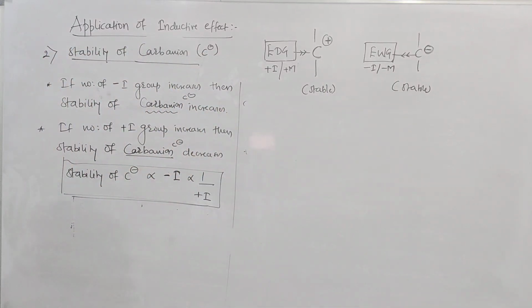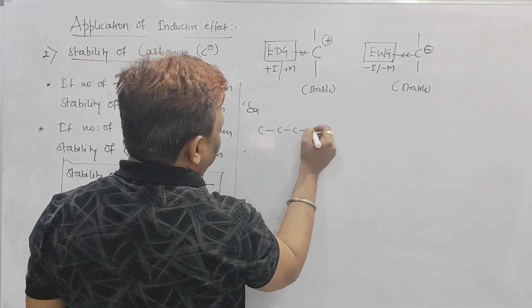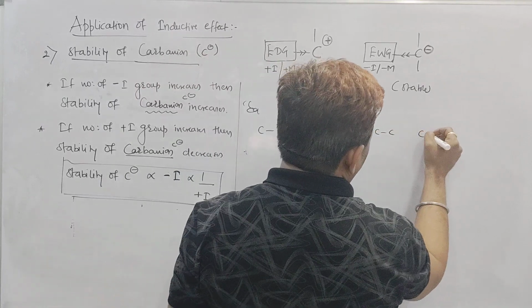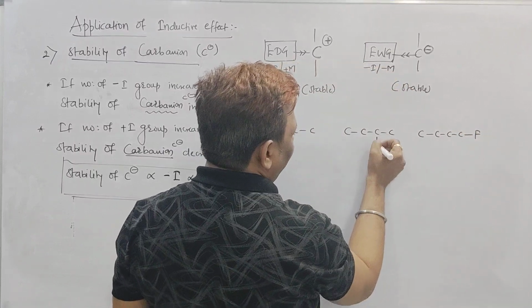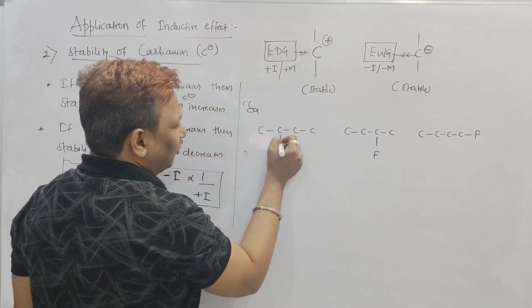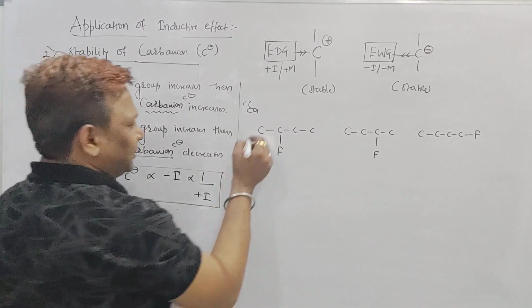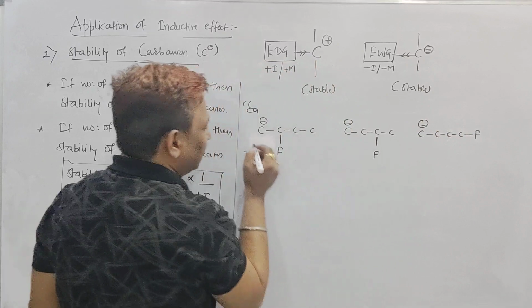Now one example here. 1, 2, 3, 4. I will give four carbons, and on them I want to put a fluorine atom. Fluorine is present on the first carbon in one compound, on the second carbon in another, and on the third carbon in the third. In each case it is a C negative.